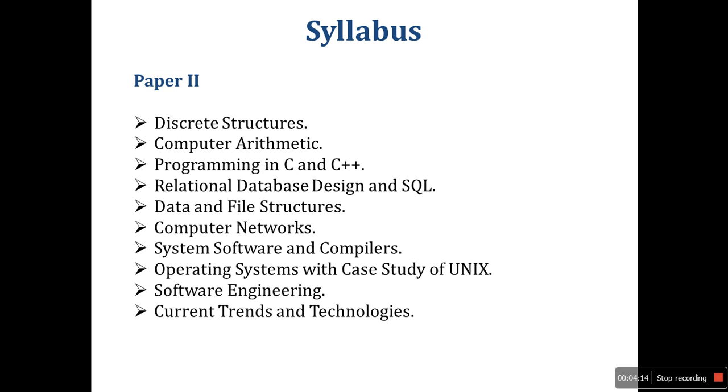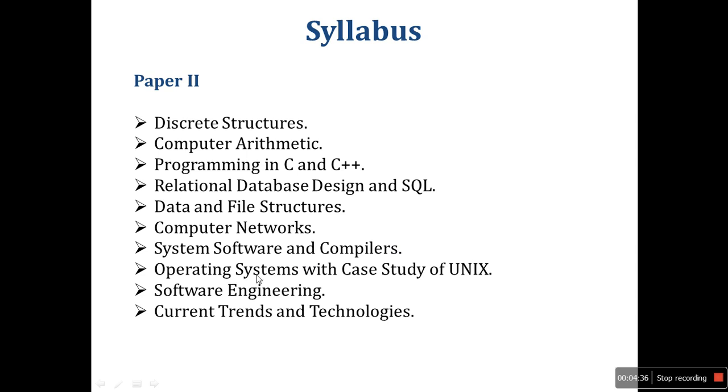In paper 2, we need to concentrate on subjects like data structures, computer arithmetic, programming in C and C++, database design and SQL, data and file structures, computer networks, and also we need to study the system software and compilers. This will be the best subject, and we can learn many things in compilers.